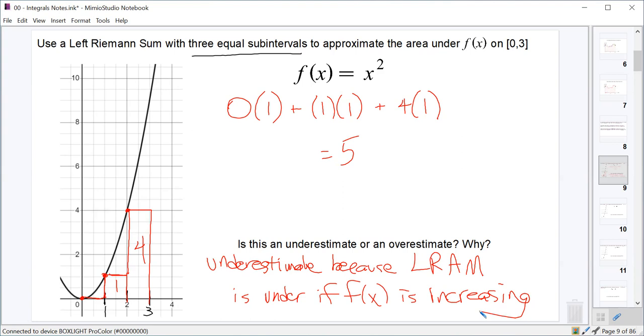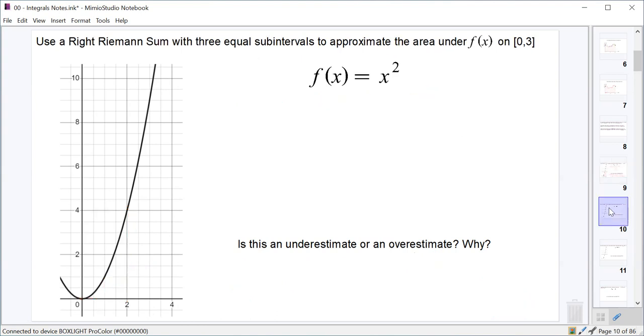And if we weren't sure what the actual true area of it was, we know at least that 5 is a lower bound of what that is. So now we're going to do this again with a right rectangular approximation.